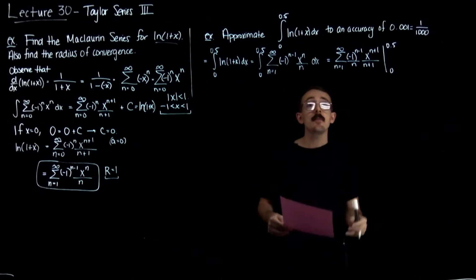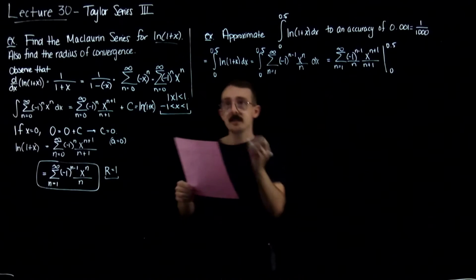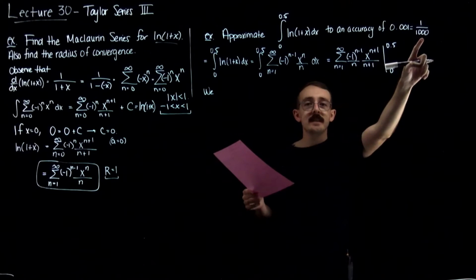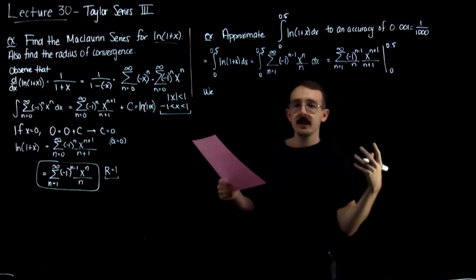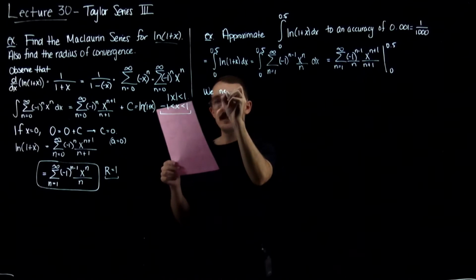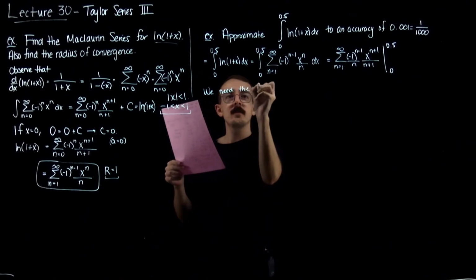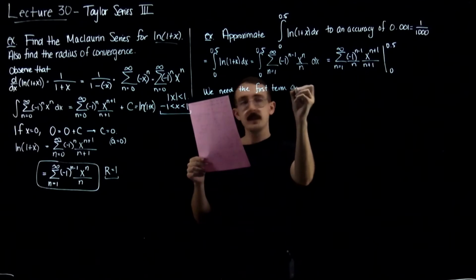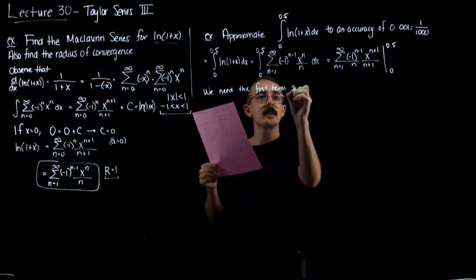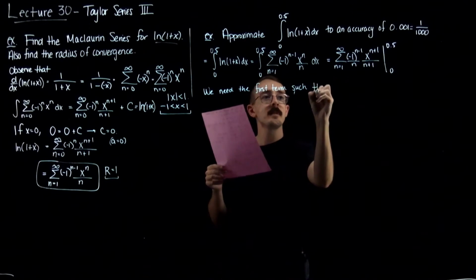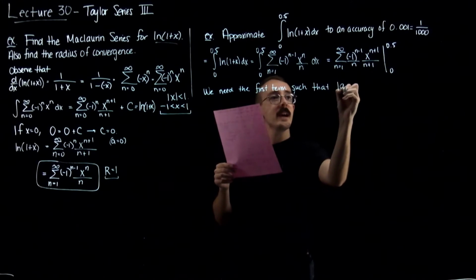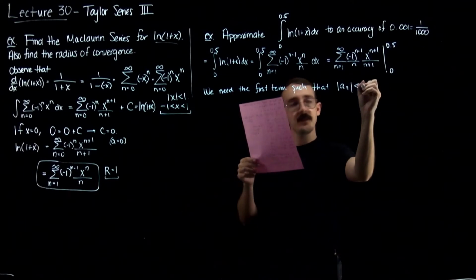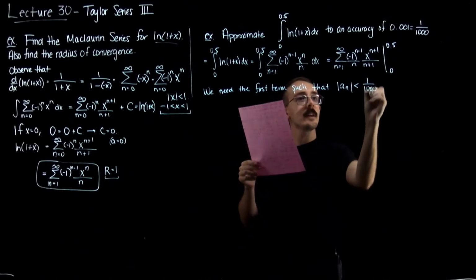Now what I'd like to do is make sure my answer is within this level of accuracy, the 1 over 1,000. So let me talk through that. We need to find the first term of this series such that the absolute value of a sub n is less than 1 over 1,000.